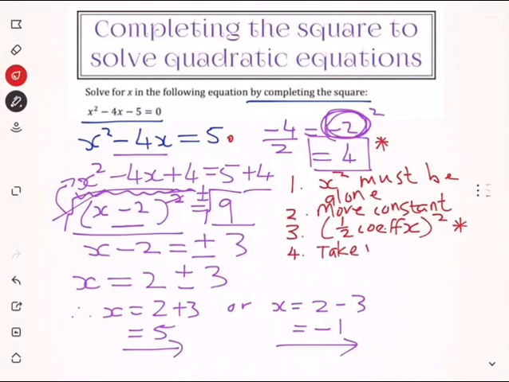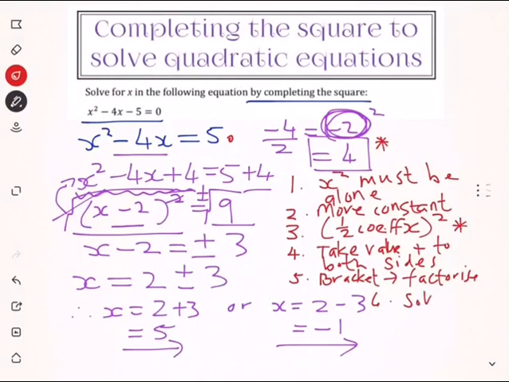Our next step is to make a bracket, which is factorizing of that trinomial. And then finally to solve. But remember, when you solve, to have the plus minus.